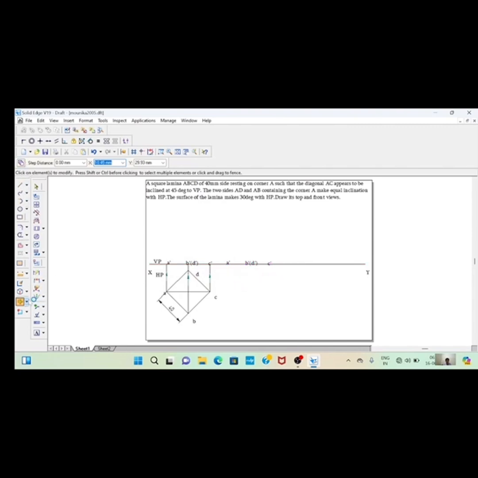Now go to rotate option and mark the line which should be rotated and take the reference points A and C. Now rotate it to 30 degrees.